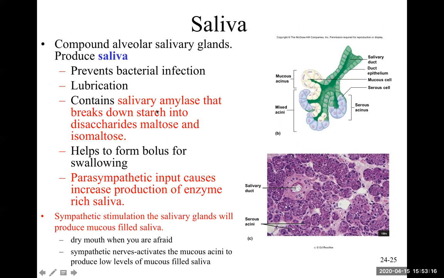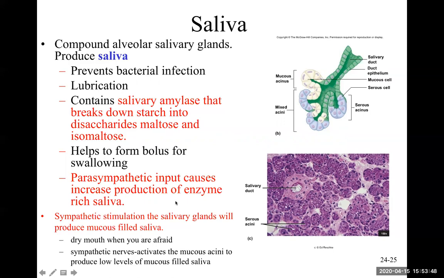Now let's talk about which type of saliva we make when. Keep in mind our body hates to waste energy. When we release an enzyme, the enzyme takes a lot of energy to make. Would you want to release that enzyme when you are not eating? Probably not, there's no payoff then. So when we're eating, we have more parasympathetic input, and it causes more enzyme-rich saliva to be produced.